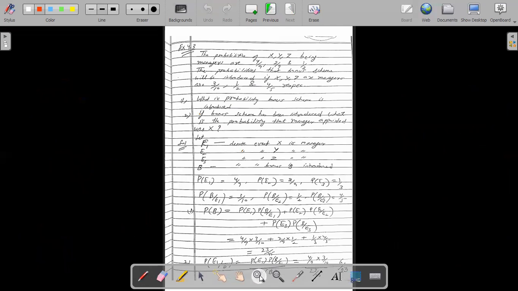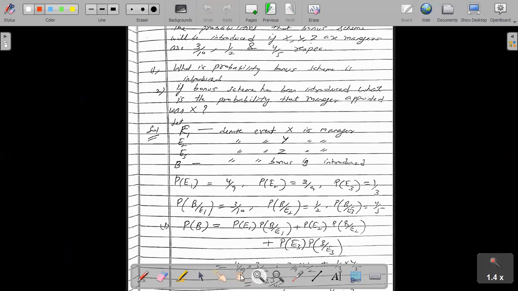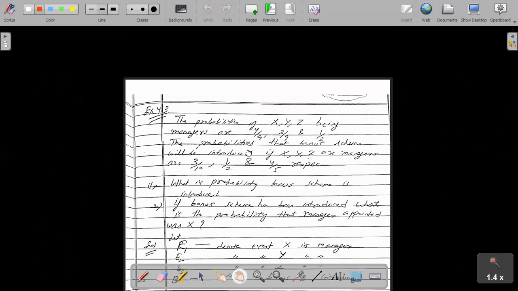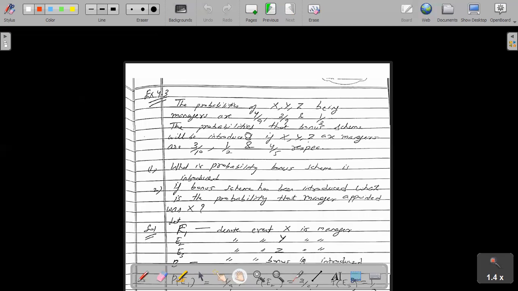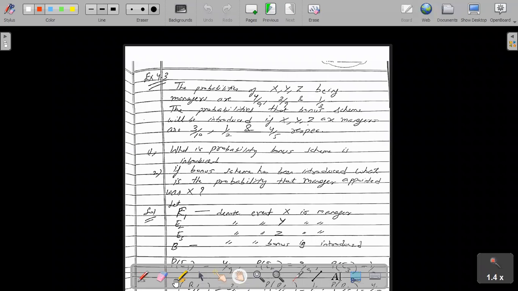Let us take one more example, then the things will be more clear. So if you see, the probability of X, Y, Z being manager are 4/9, 2/9 and 1/3. तो अब यहाँ पे देखो clearly दिख रहा है कि T ही manager है. So say E1 is the event that X is the manager, E2 is the event that Y is the manager, E3 is the event that Z is the manager.